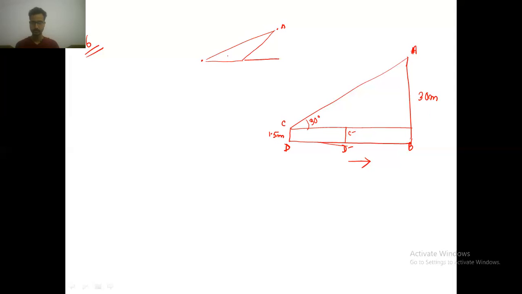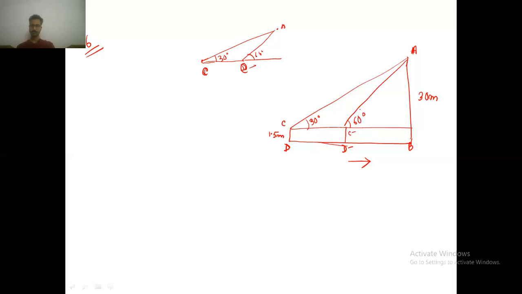Because compared to this position, this position is far away from this point A. That means the angle will be less compared to this angle. That's why the angles are increasing. So now the angle of elevation is 60 degree.